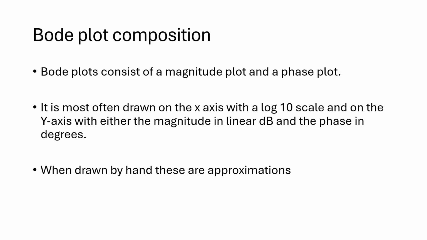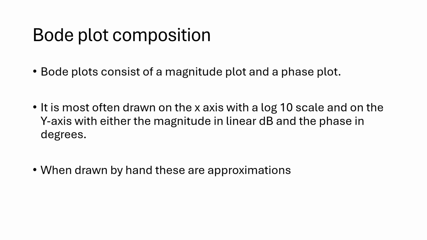So Bode plots are pretty simple, but they were developed in Bell Labs by, I believe, Hendrik Bode, and he did it for the kind of quick system analysis that we'll be wanting to do here as well.